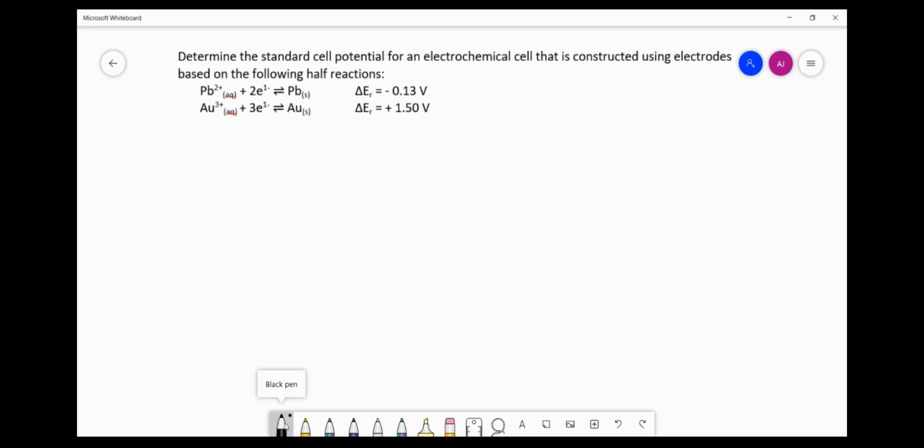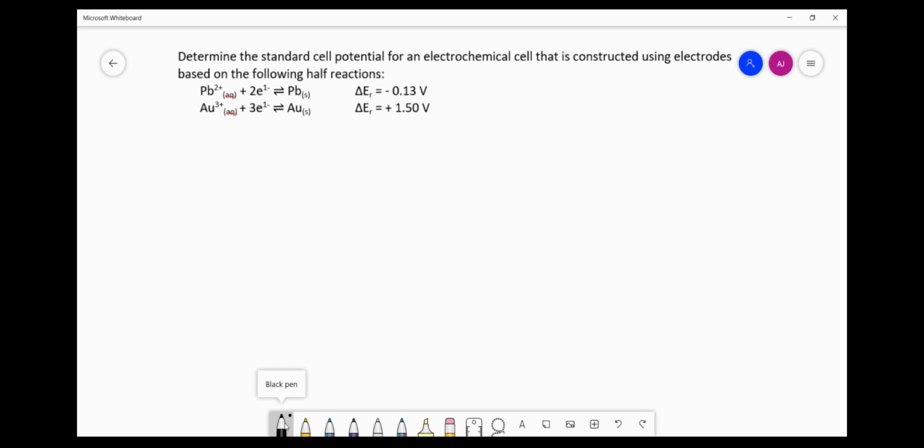Determine the standard cell potential for an electrochemical cell that is constructed using the electrodes that are based upon these half reactions. When half reactions are listed out, they're commonly just listed all as reduction reactions.